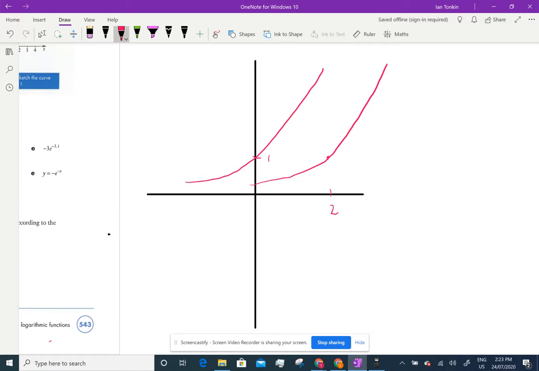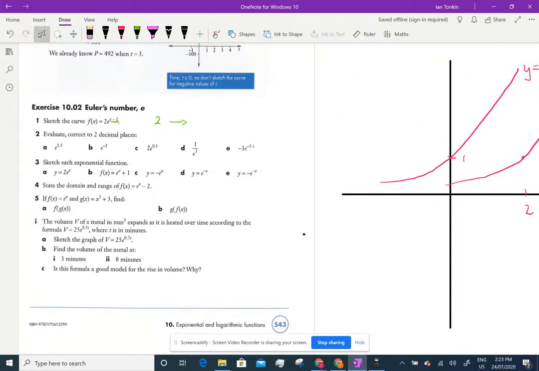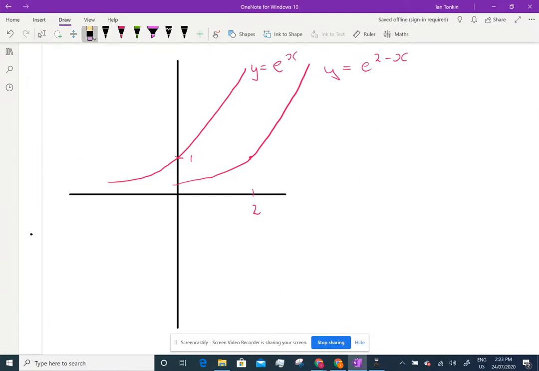Now, if that is y equals e to the x, and this is y equals e to the x minus 2. Sorry, it is x minus 2, not 2 minus x.